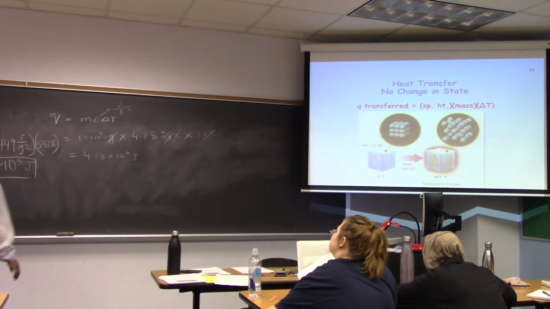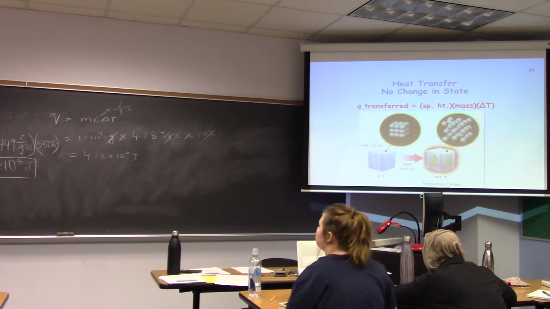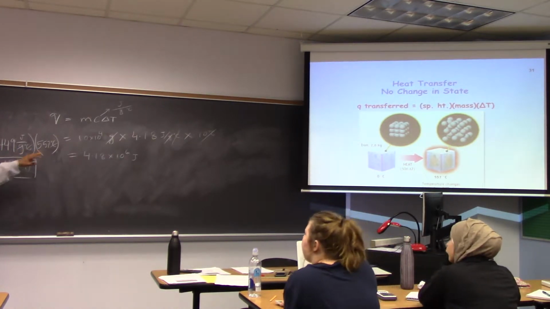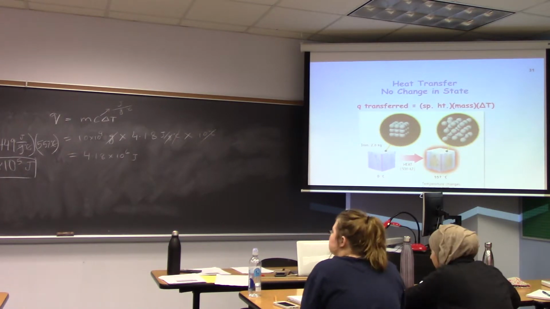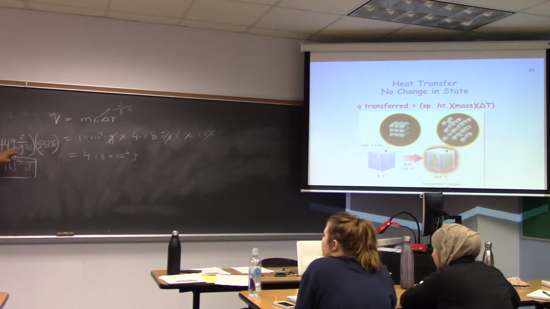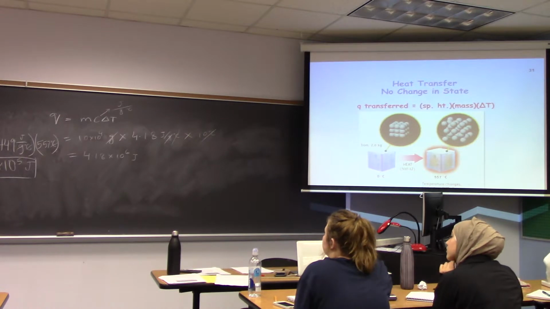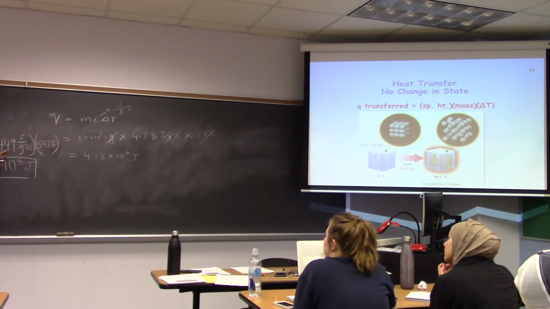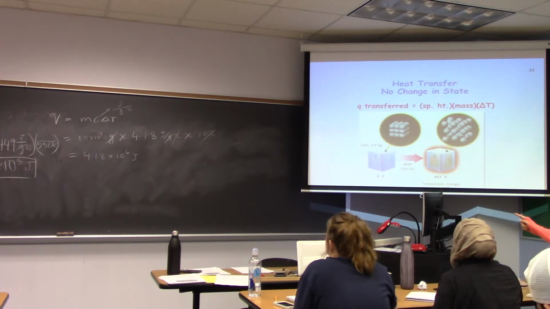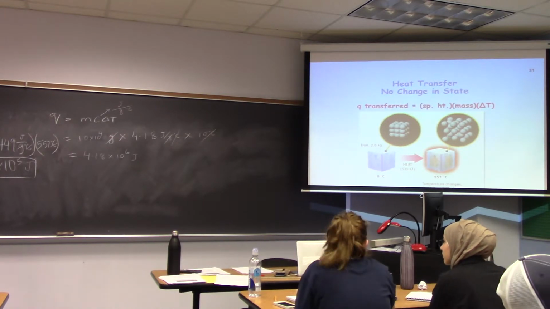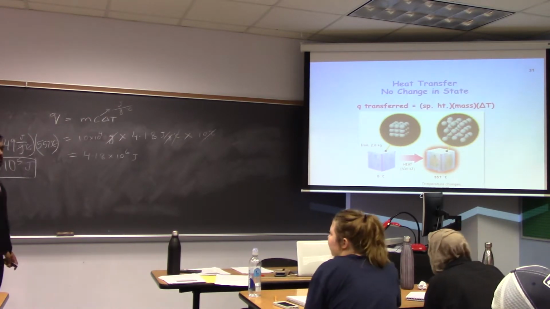Okay, 2000 grams, which is 2 kilograms, right? And the specific heat capacity times the delta T, the change of temperature. Is it right, the significant figures? Yes, because it's 2.0, so there are 2 significant figures based on this problem.